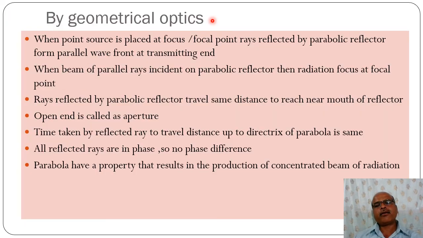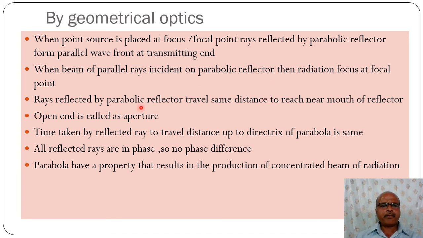So from geometrical optics and the previous figure, these are some important points regarding the parabolic reflector. When a point source is placed at the focus or focal point, rays are reflected by the parabolic reflector to form a parallel wavefront at the transmitting end. As previously mentioned in the figure, waves are reflected in a parallel fashion. When a beam of parallel rays is incident on a parabolic reflector, then the radiation focuses at the focal point.